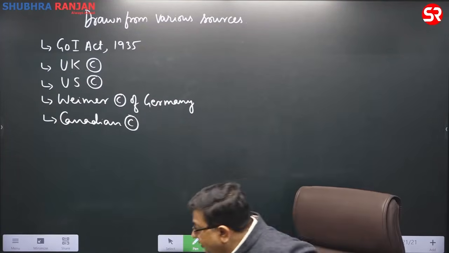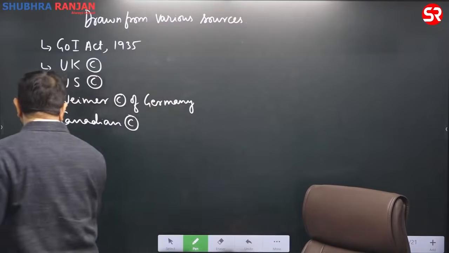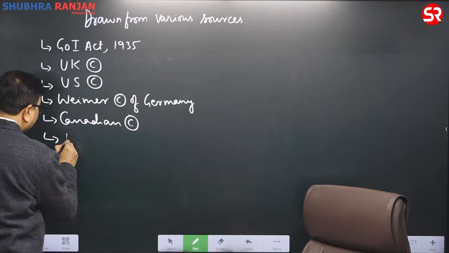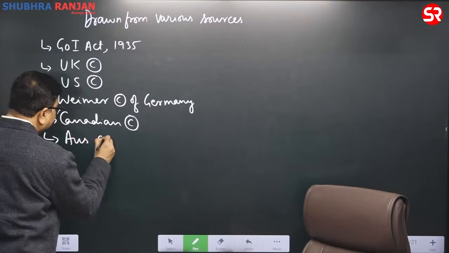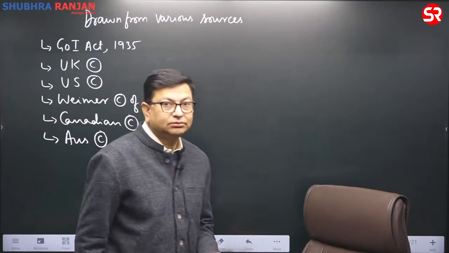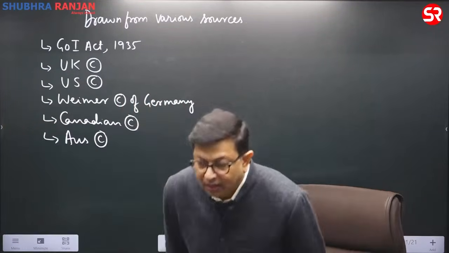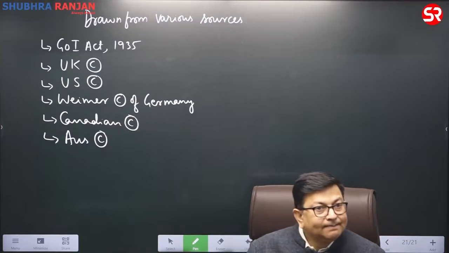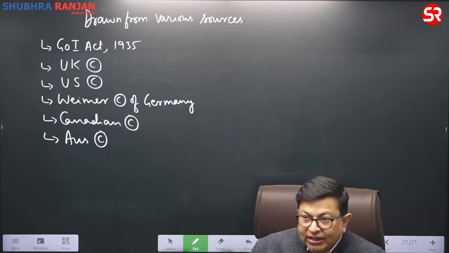Then Australian Constitution, the idea of concurrent list.